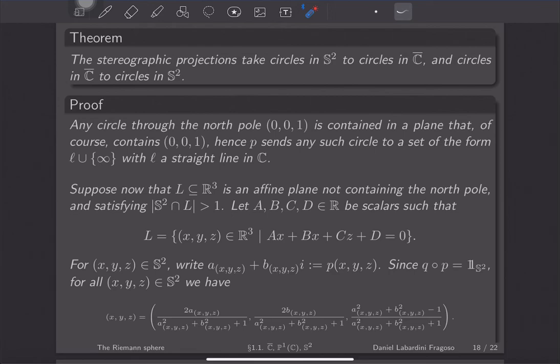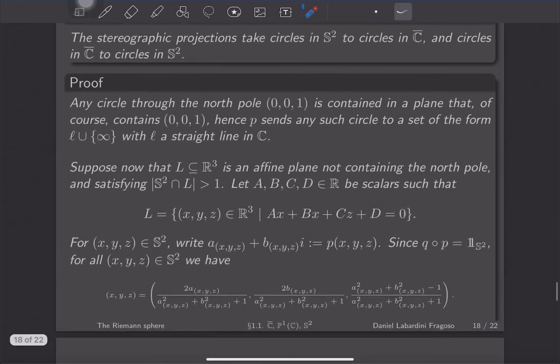And now let's take another circle, but not passing through the North Pole. That is, we take a two-dimensional plane that cuts the sphere, but it doesn't cut it in the North Pole. Right? It cuts it somewhere else.